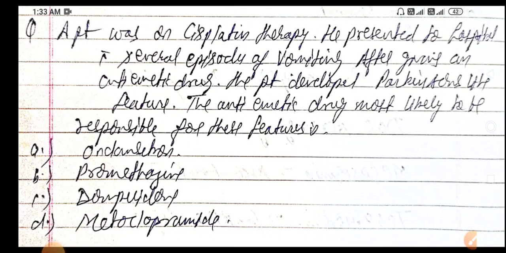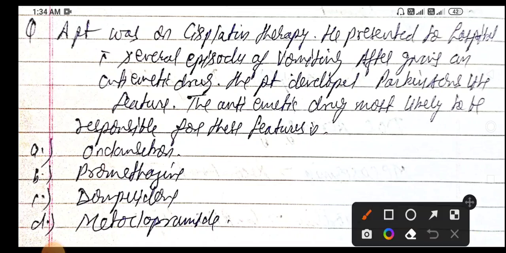Now, a patient was on cisplatin therapy. He presented to hospital with several episodes of vomiting. After being given an antiemetic drug, the patient developed Parkinson-like features. The antiemetic drug most likely to be responsible for these features is? Here the MCQ asks which drug's side effect causes Parkinson-like features. Option A is ondansetron, option B is promethazine, option C is domperidone, option D is metoclopramide.